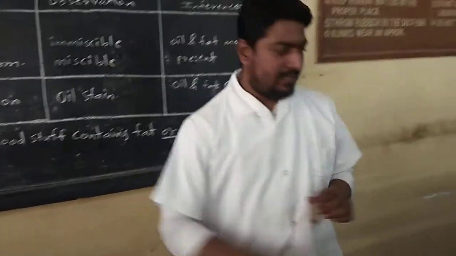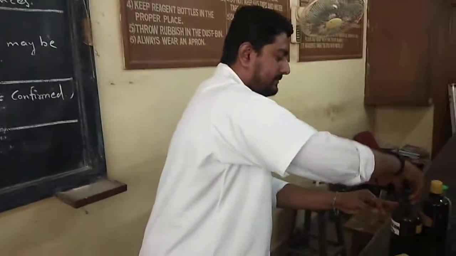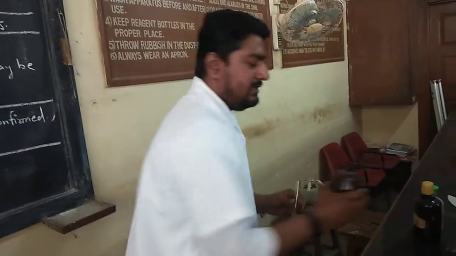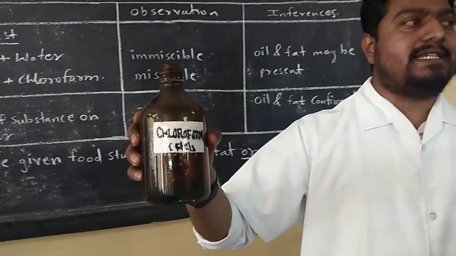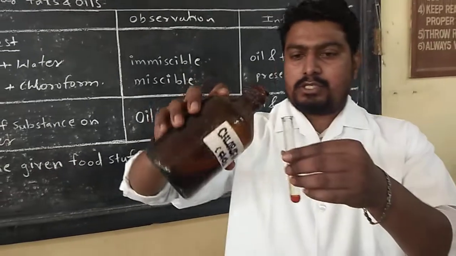Chloroform. Here we have chloroform. See, this is a chloroform bottle, formula CHCl3. I am adding this chloroform.